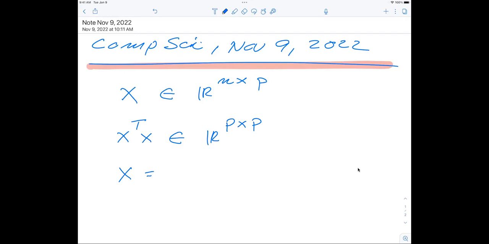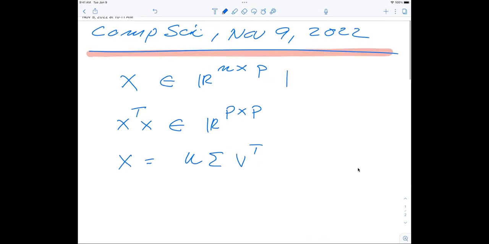So that means that we can rewrite this matrix in terms of this matrix sigma and unitary matrices U and V. Let me just quickly repeat that about the matrices. U times U transpose is the same as U transpose times U, and that gives us the identity matrix.